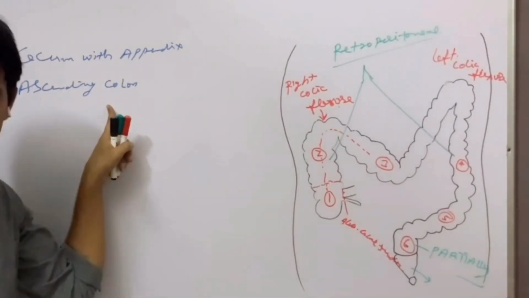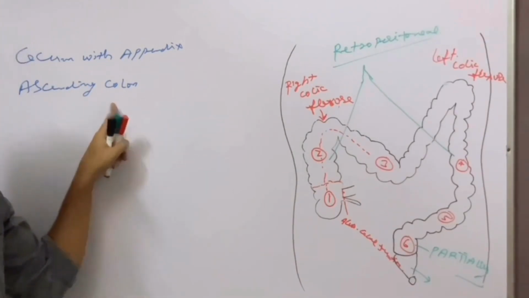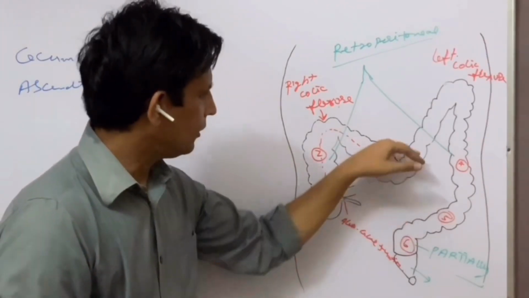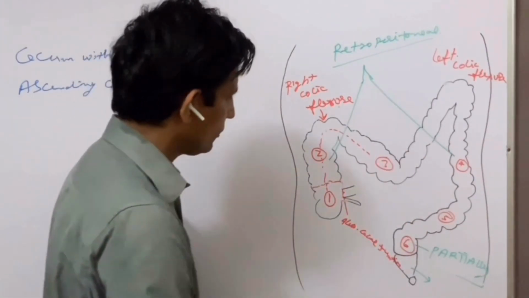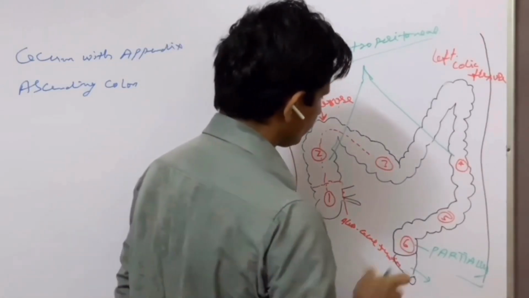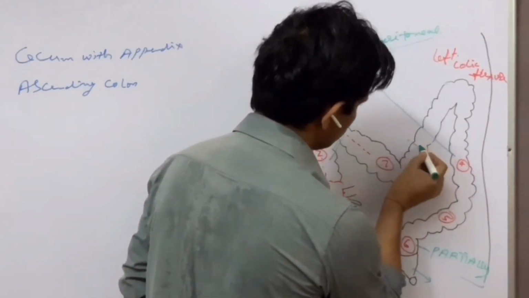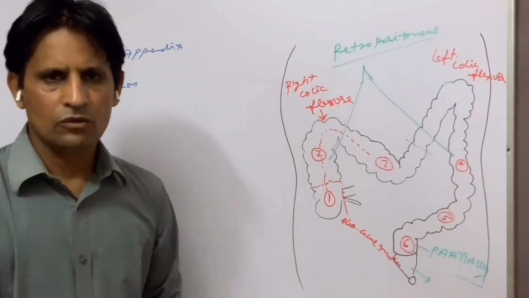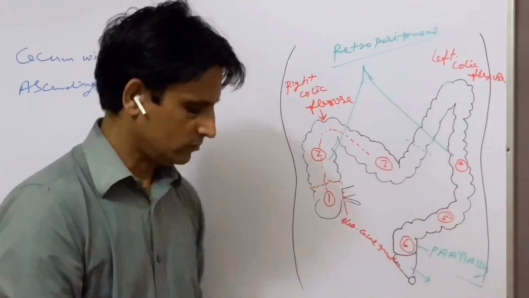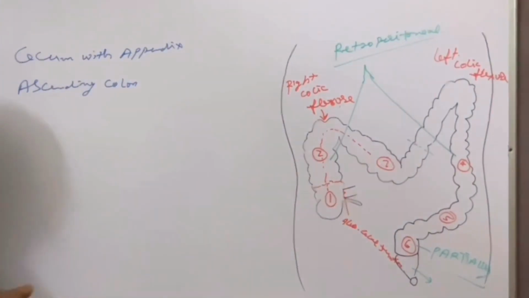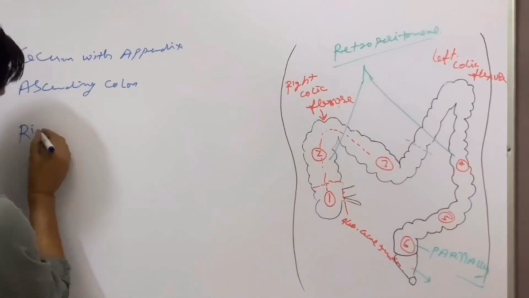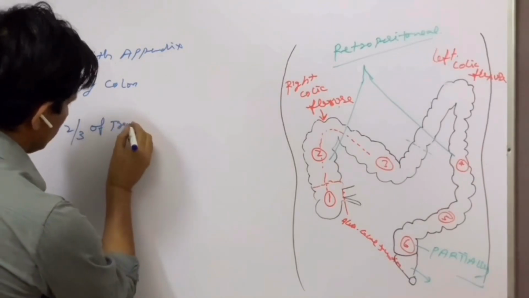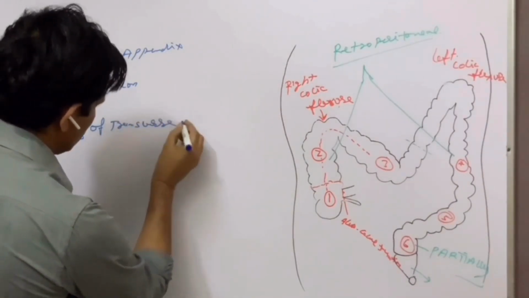The second one is the ascending colon, and the third one is this part, almost till here. That is the right two-third of the transverse colon.